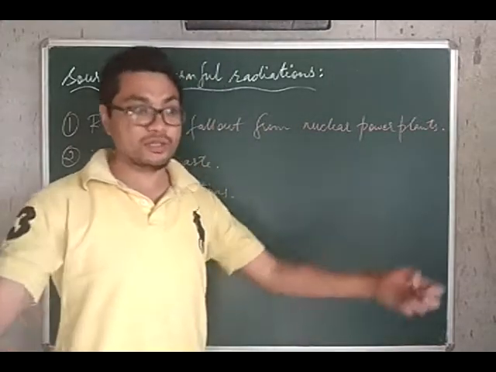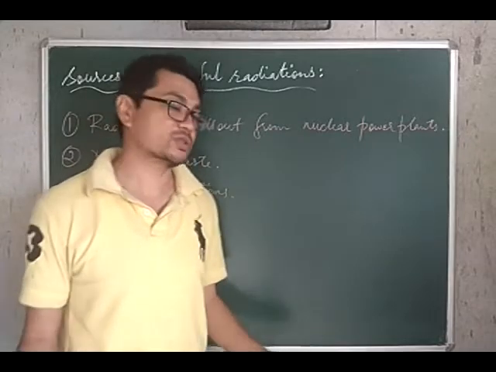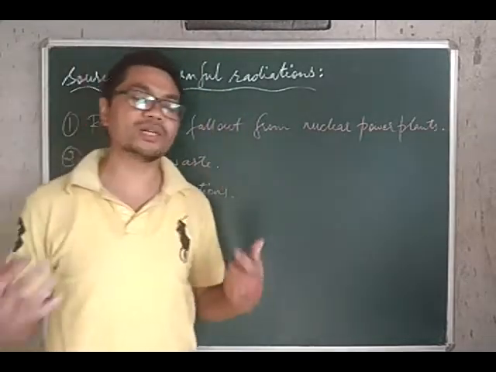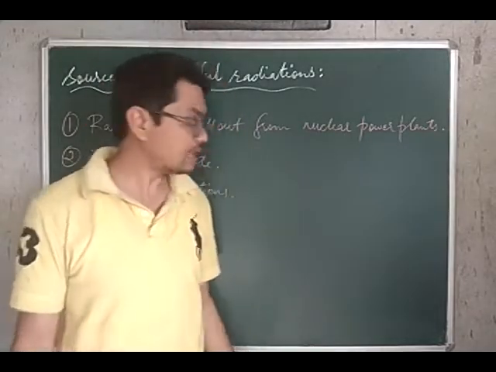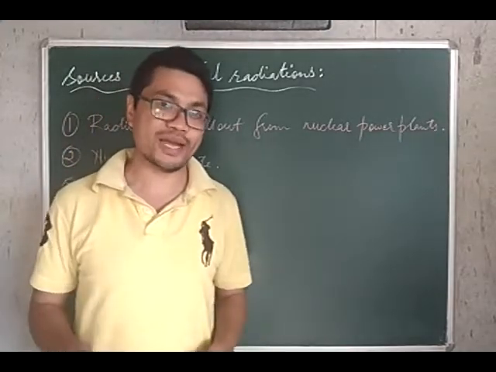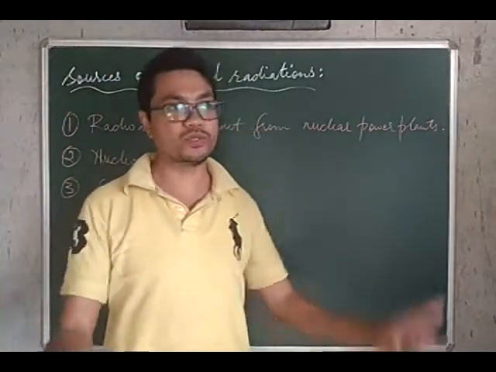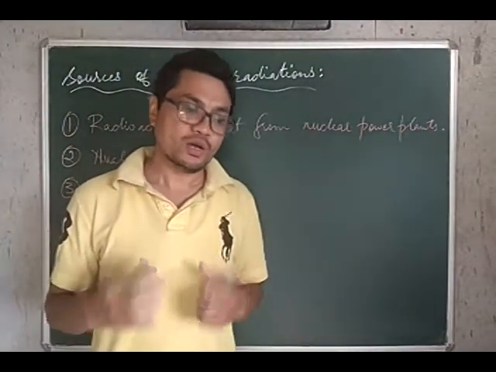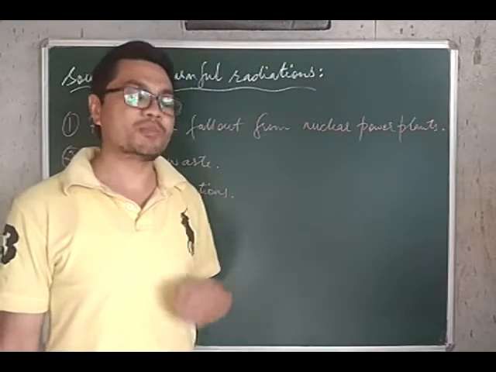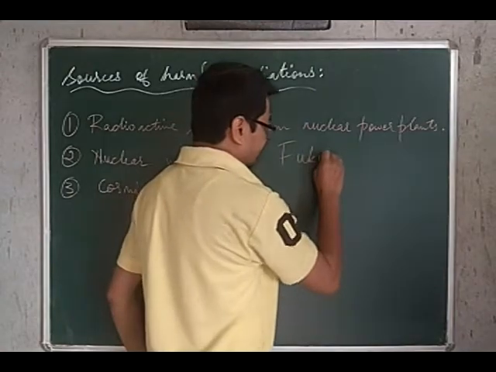And thereby, if we get exposed to those alpha, beta, gamma radiations, it can of course cause harmful effects on us. Like, I don't know whether you've heard of this or not, in 2011 in Japan, there was a major earthquake because of which a tsunami also happened. There is a nuclear power plant in Japan by the name Fukushima power plant.